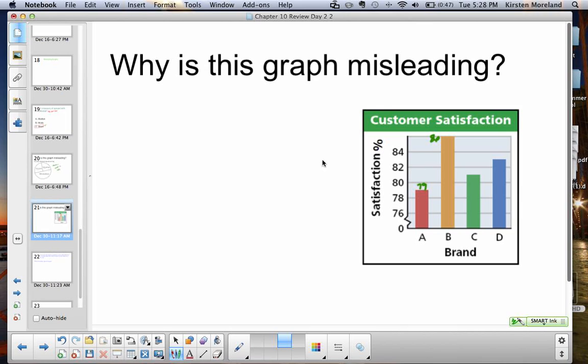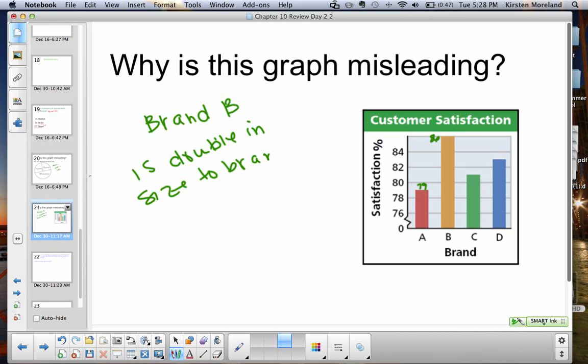It's not actually double, so they're trying to get you to think that brand B is double the size of brand A, but that's not the case. And that isn't true because if you look at this, they jumped a big chunk at the scale, so it doesn't work out that way.